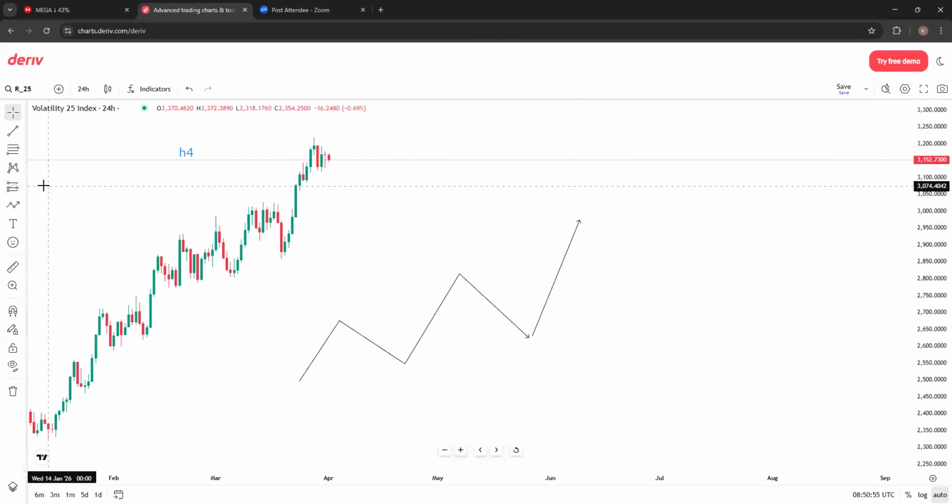If you zoom in to your M15, it's gonna be saying otherwise. It's gonna be selling, buying, selling, highs, lows, highs, lows, highs, lows. So if you jump right straight into M15 and you don't consider your larger time frame, you're going to think that this M15 is going to be selling for a long time, meanwhile your H4 is buying.